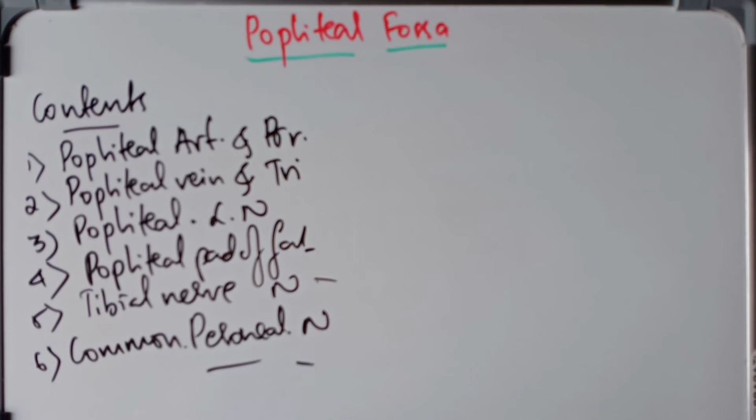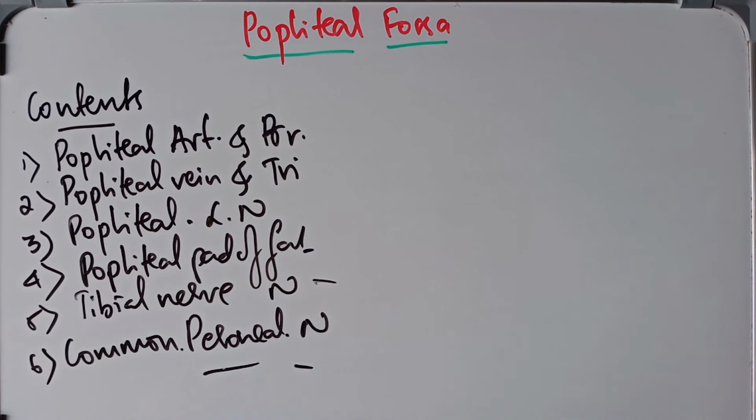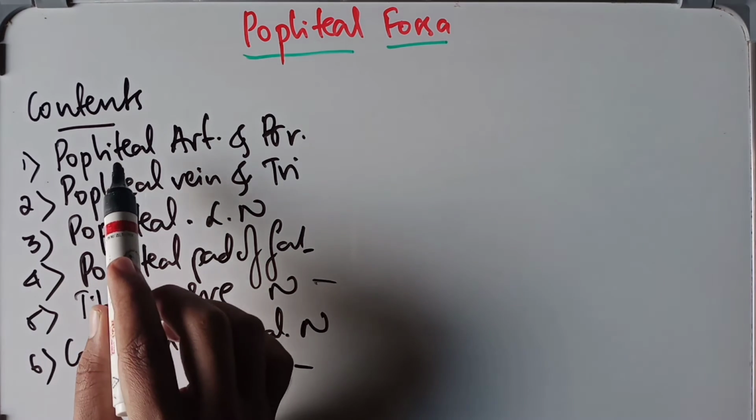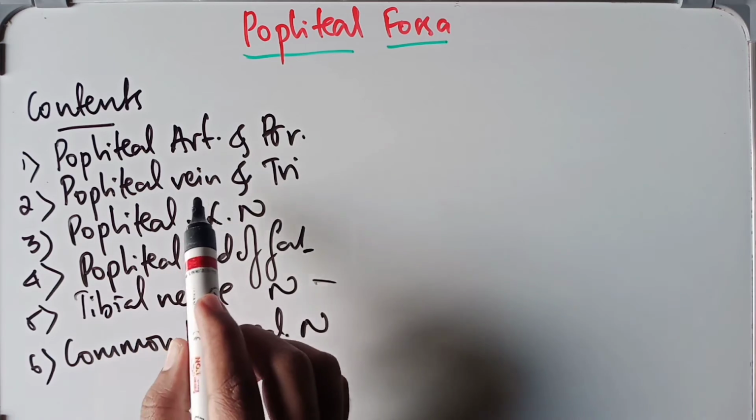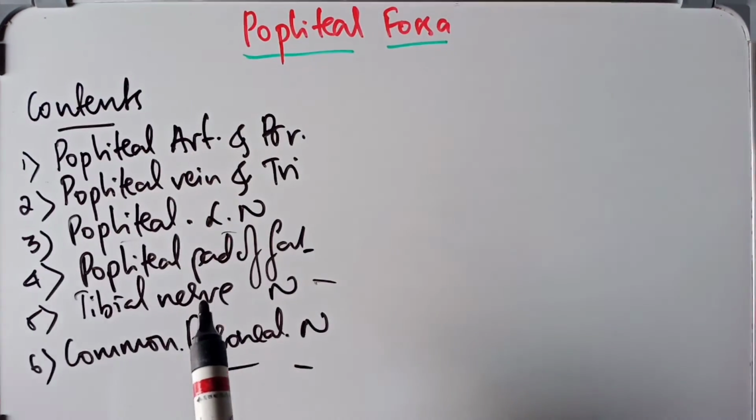So what are the different contents of the popliteal fossa? We have the popliteal artery and its branches, the popliteal vein and its tributaries, the popliteal lymph nodes, the popliteal pad of fat, the tibial nerve, and the common peroneal nerve.